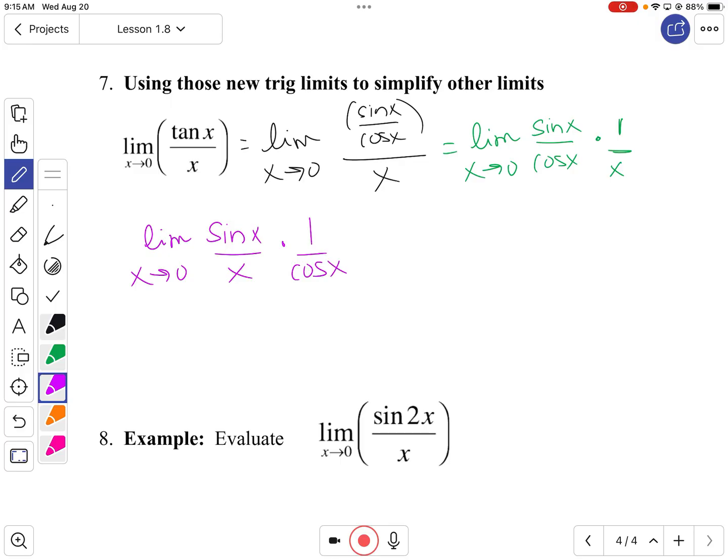I switched them. The reason I do that is because I know what that first limit is. The limit as x approaches 0 of sine x over x is 1. In the second one, we're just going to plug in the 0. So 1 over the cosine at 0. Well, what is the cosine at 0?